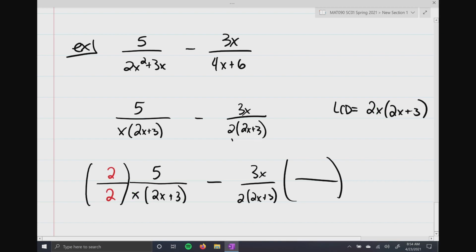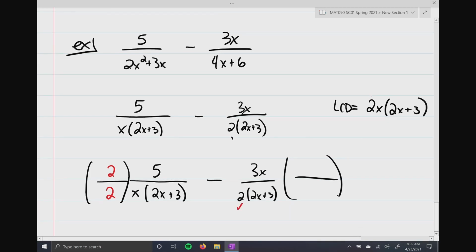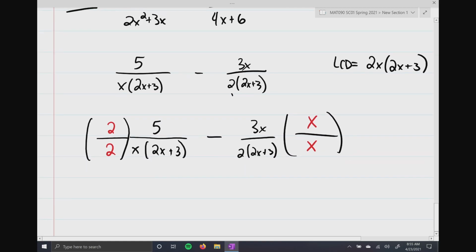Now for the second denominator, I have a 2 and a 2. I have a 2x plus 3 and a 2x plus 3. The only thing that I do not have checkmarked is that variable x that is in my LCD. So I multiply the second fraction by x over x. So now my denominators are the same.